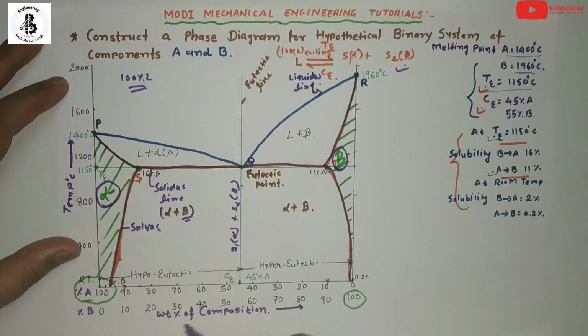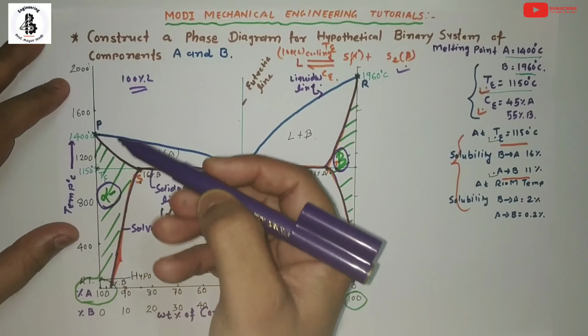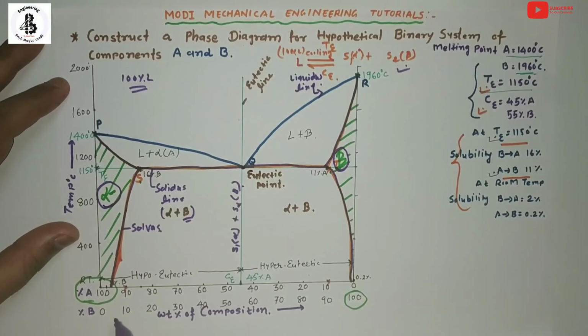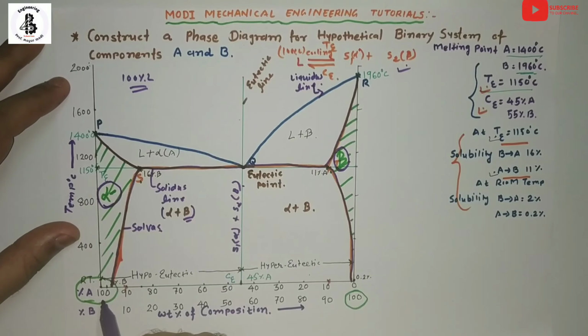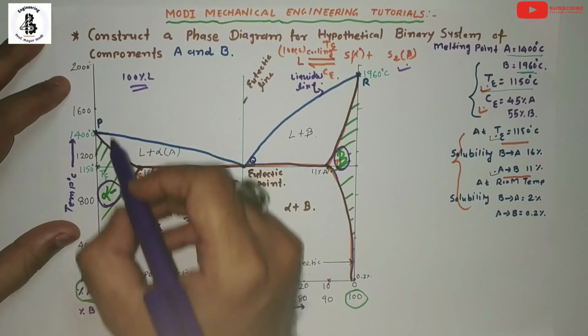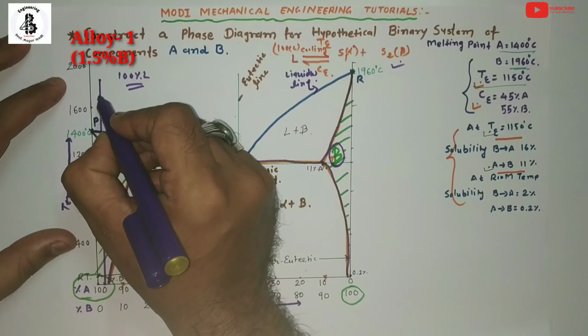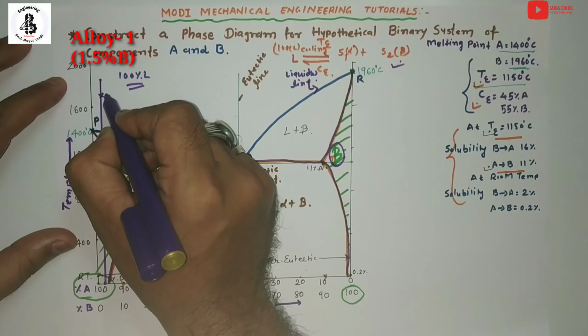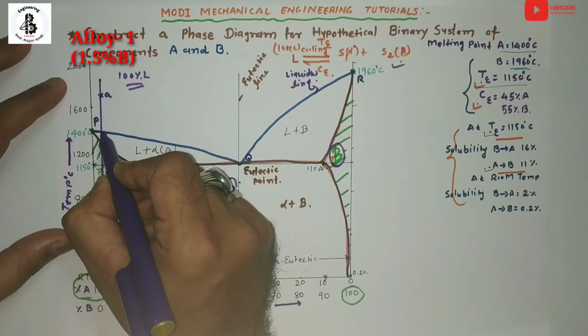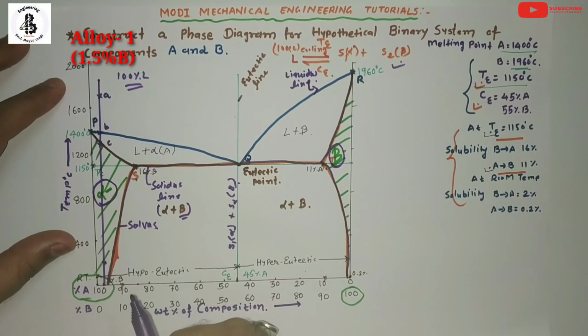Now I would like to take different points on the composition line and explain the transformation from 100% liquid down to room temperature. Let us start with alloy number 1 with a composition of around 1.5% B present in A. You can make a vertical line and mark different points: point A intersecting at the liquidus line, point B, and once again point C at around room temperature.